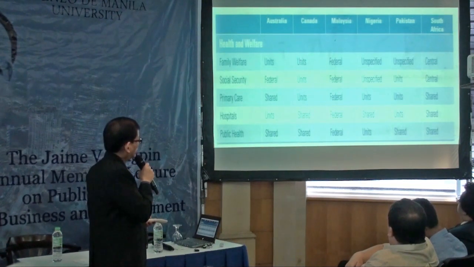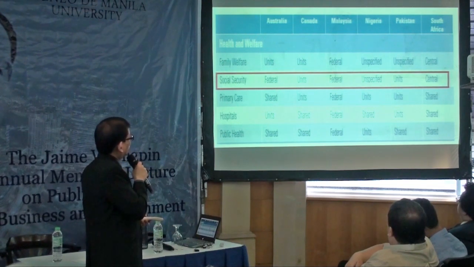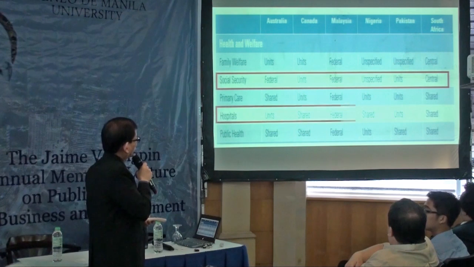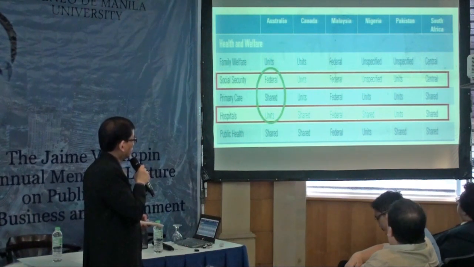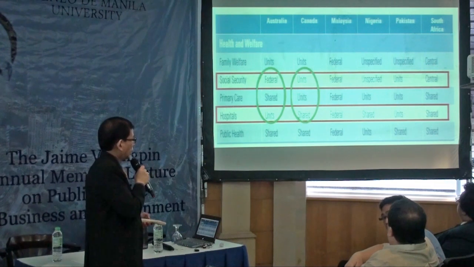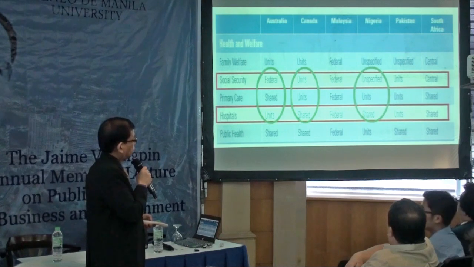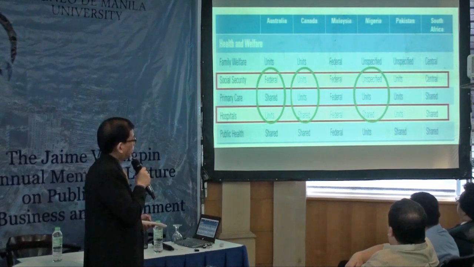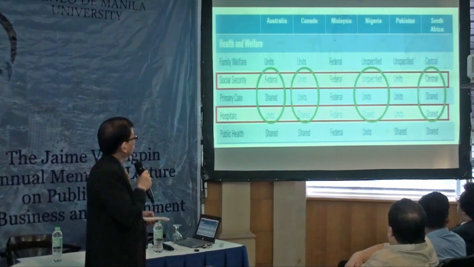On health and welfare, social security, you would see a variation in the six countries. Take hospitals: from federal in Australia, it becomes units. In Canada, the reverse happens, to a certain extent. Units become shared. Nigeria, unspecified to shared. And then South Africa, central to shared.